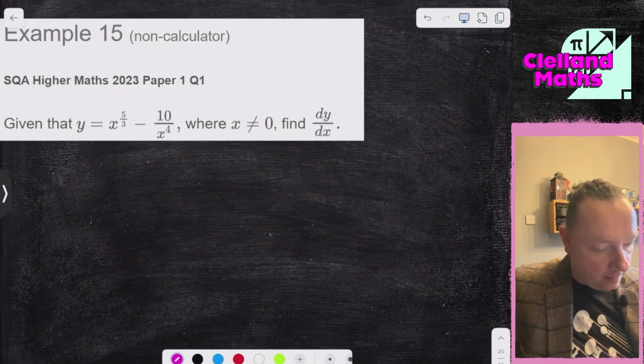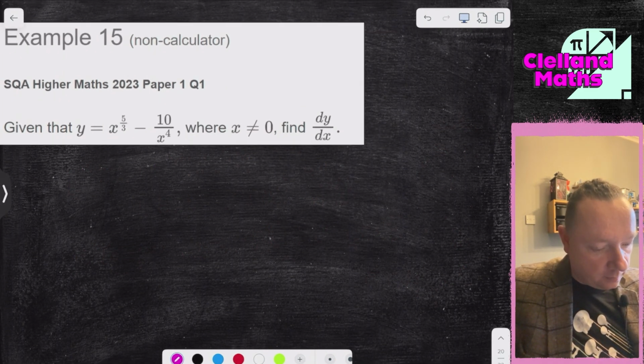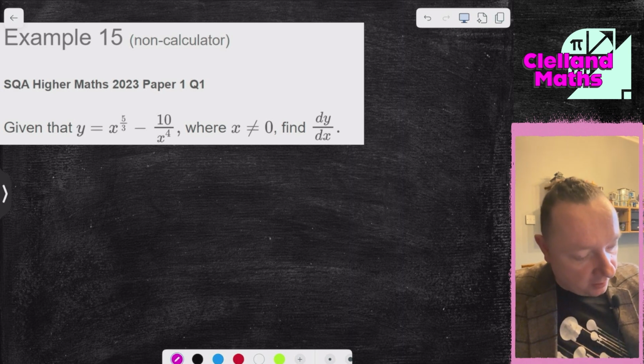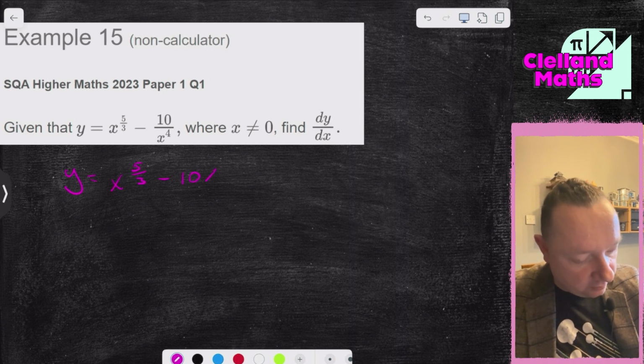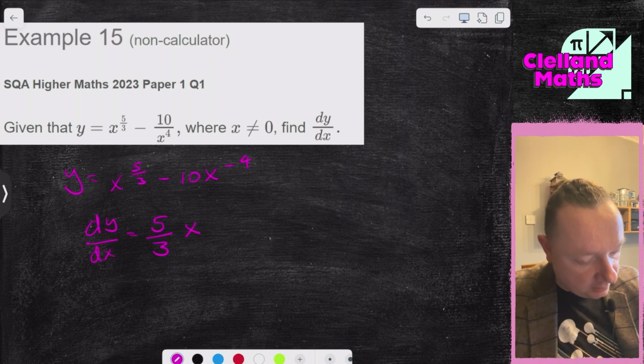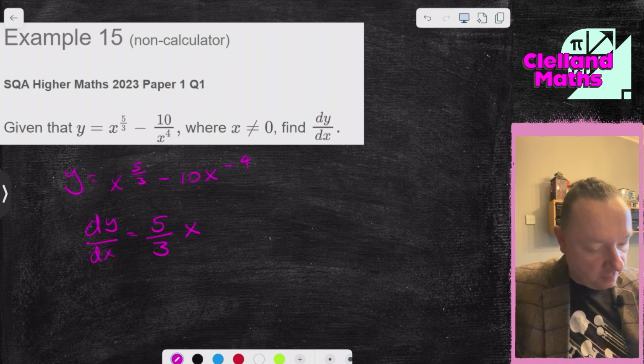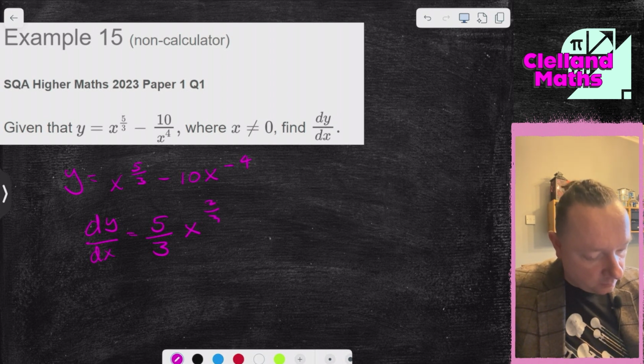Example 15. SQA Higher Maths 2023 Paper 1 Question 1. Find dy by dx for this. So get it ready to differentiate. X to the 5 thirds minus 10x to the minus 4. dy by dx then. 5 thirds comes down, x to the 5 thirds minus 1, so minus 3. 5 minus 3 is 2 thirds.